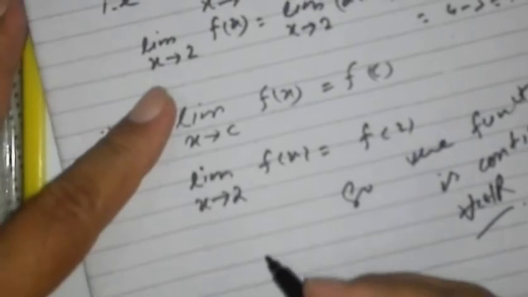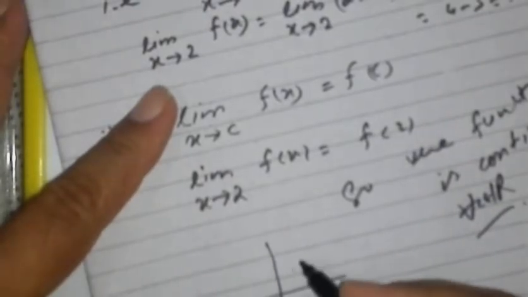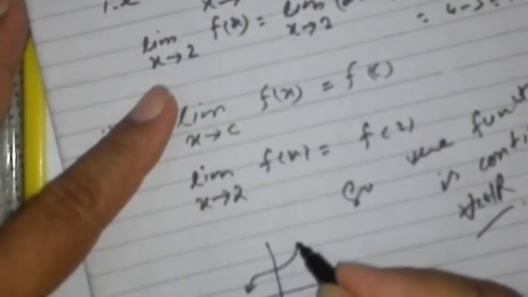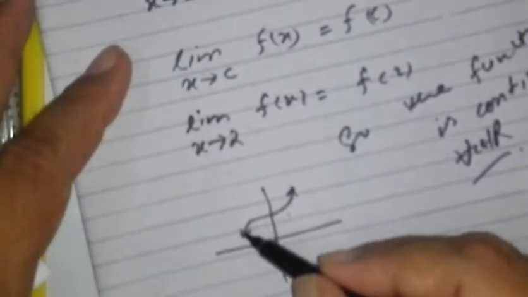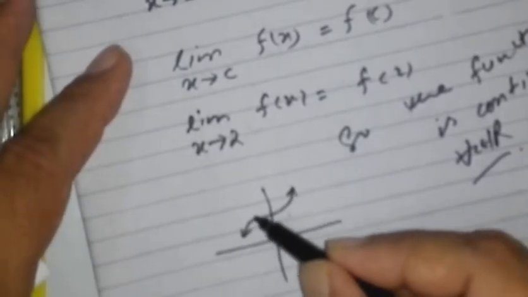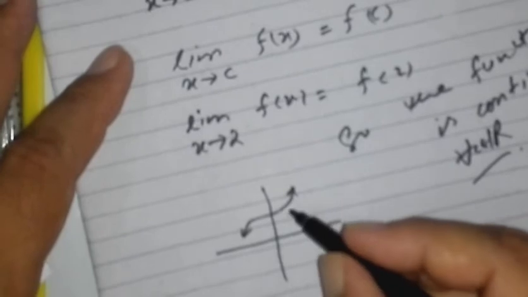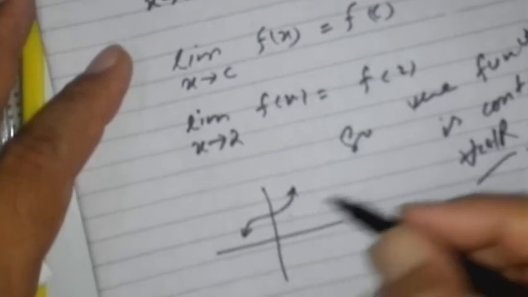Now how will the graph of a continuous function look? The graph of a continuous function will be like this. Look, is there any gap or break or hole? No. So the graph of a continuous function will be continuous. There will be no gap or hole. Let us suppose we have another graph like this.